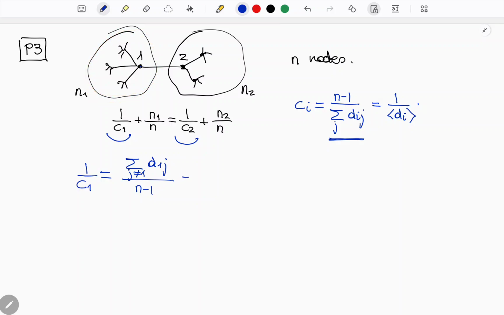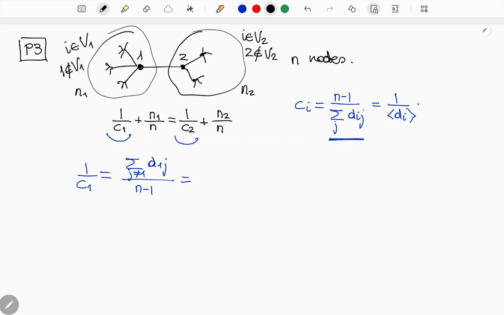I'm going to say that these nodes belong to the set of vertices V1, and I'm going to exclude node 1 from this set. So V1 would be every node except this one. And here we would have exactly the same: the set of nodes which belong to V2, and node 2, again, is not going to be included in this set.